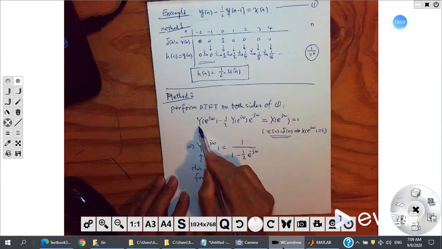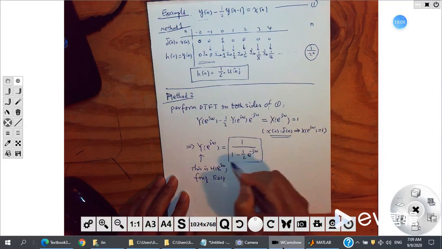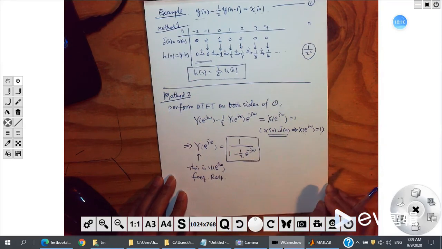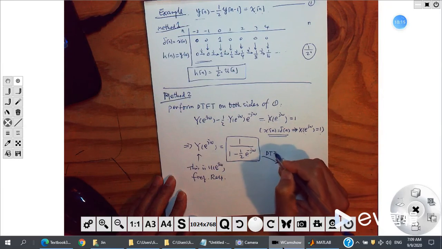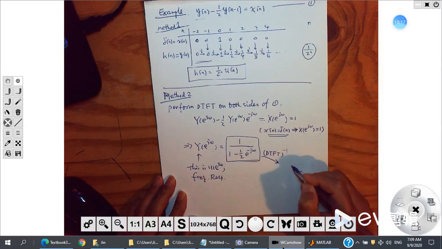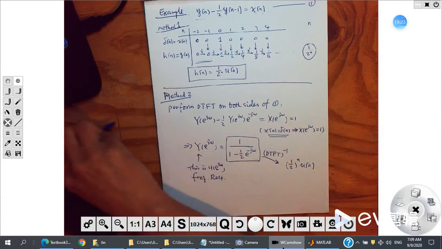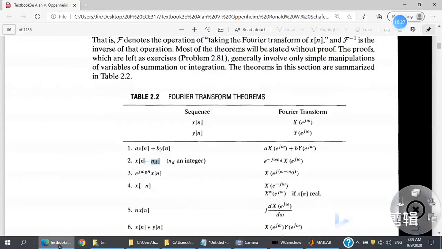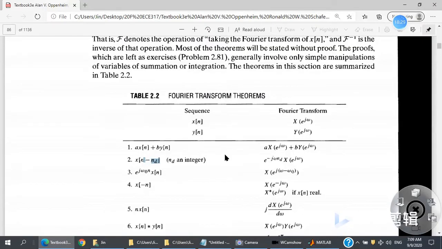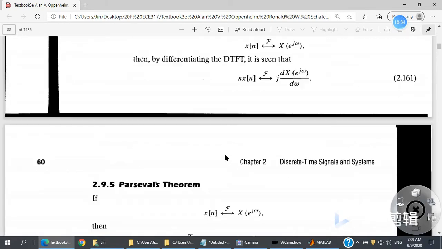So we have H. And then we do the inverse DTFT. It will be 1/2 to the n times u of n. This one is also in the table. We need another table, a third table, three tables.